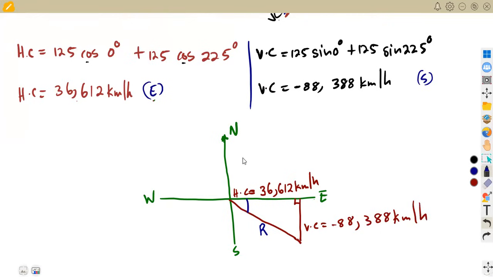So the direction now is going to be considered between the east and the south. So we are moving from the east going to the south, or you can move from the south going to the east, meaning you are supposed to calculate this angle, which you can refer to as alpha. So for the direction, there are two answers that you can write, and it's up to you.